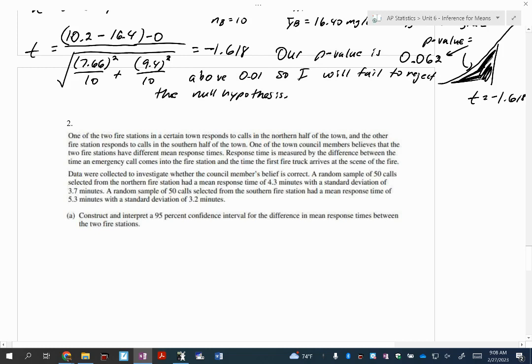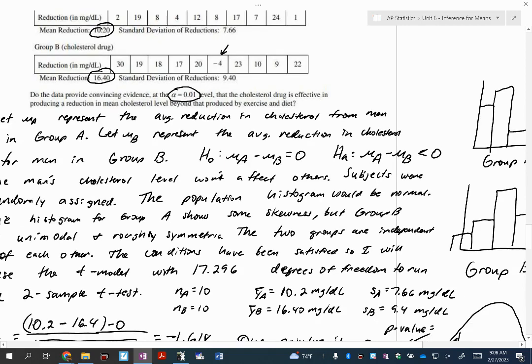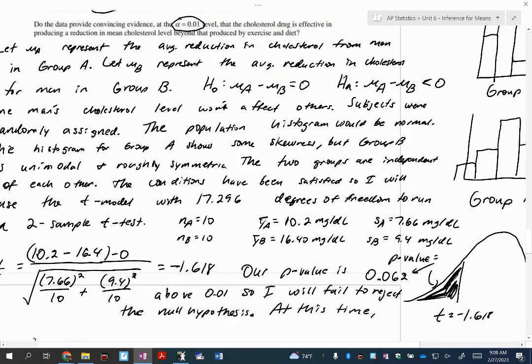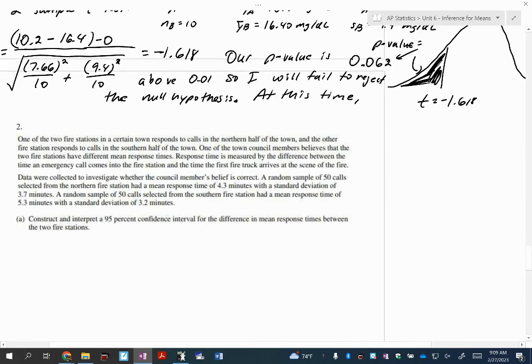All right, and then this is where I just use the question to answer, right? At this time, literally just use the paper. We're going to say at this time, the cholesterol drug is not effective in producing a reduction in mean cholesterol level beyond that produced by exercise and diet.